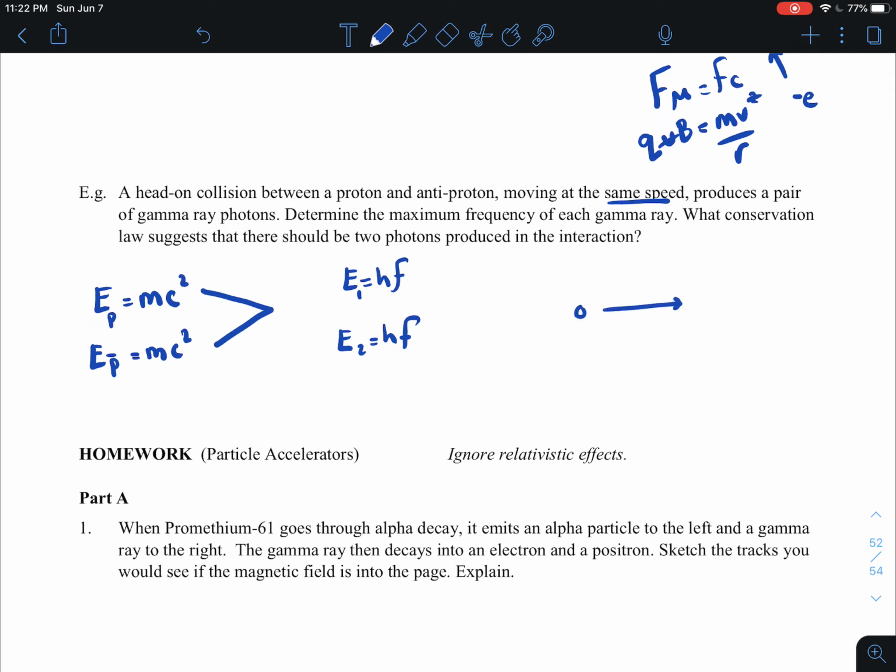Just a quick visual of this: if I had two particles going in equal and opposite directions, you can't simply have a single photon leaving with that energy, because before you had zero momentum, therefore you must have zero momentum for the photons as well. There must always be pairs. So it has nothing to do with energy, nothing to do with charge, but it has 100% to do with the momentum in this case.